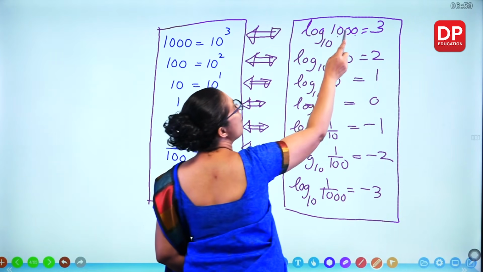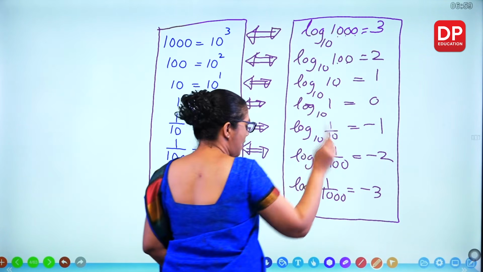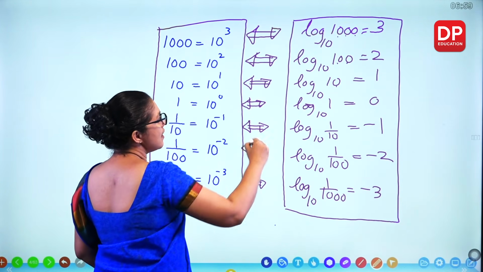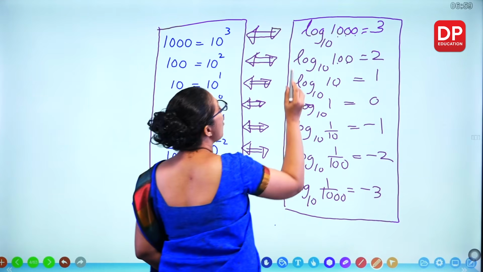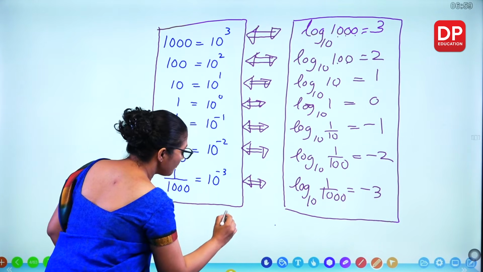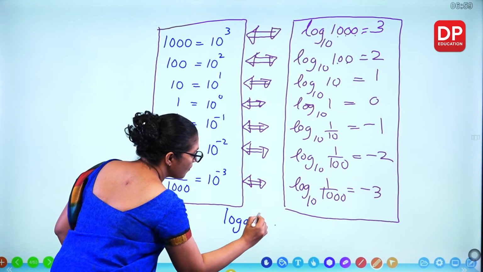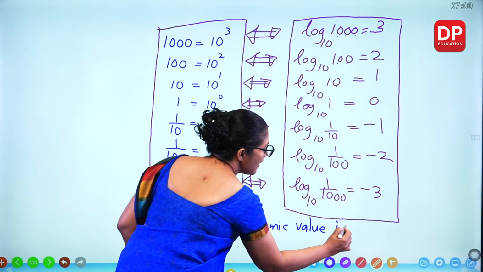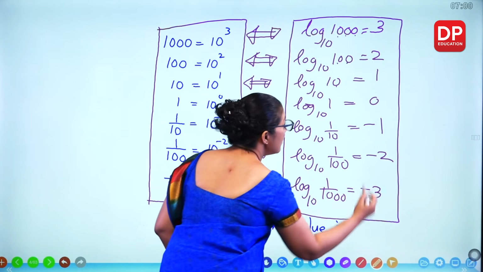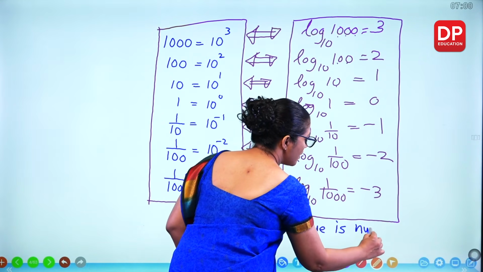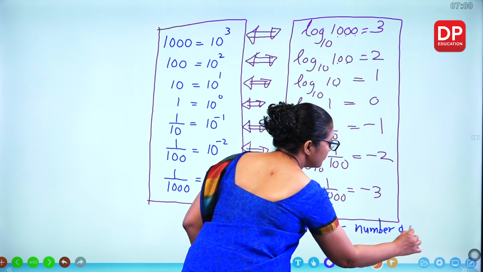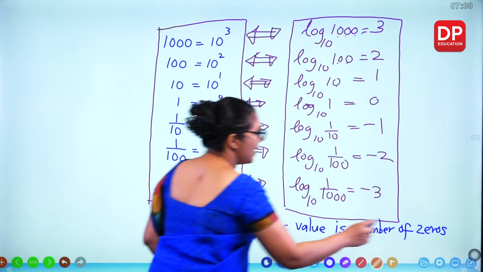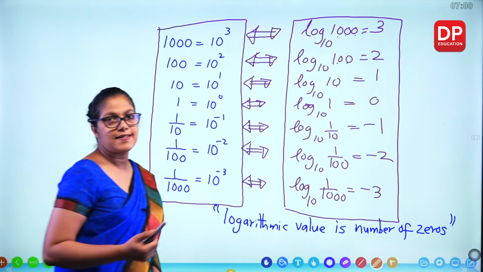So just count how many zeros there are, and you get the number. That's the important result: the logarithmic value is the number of zeros, only when you get tens.